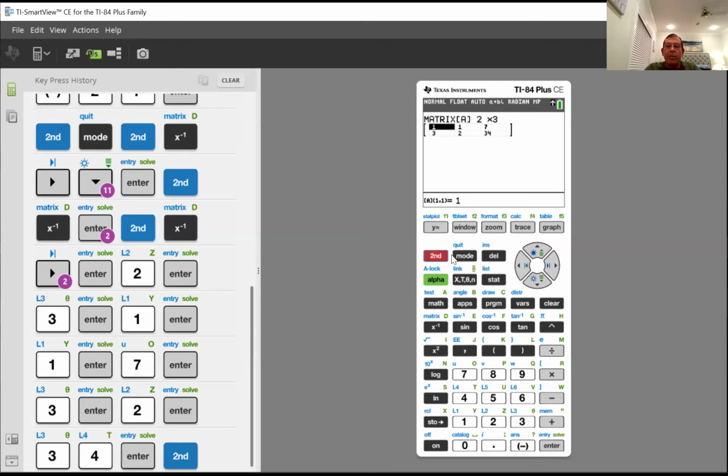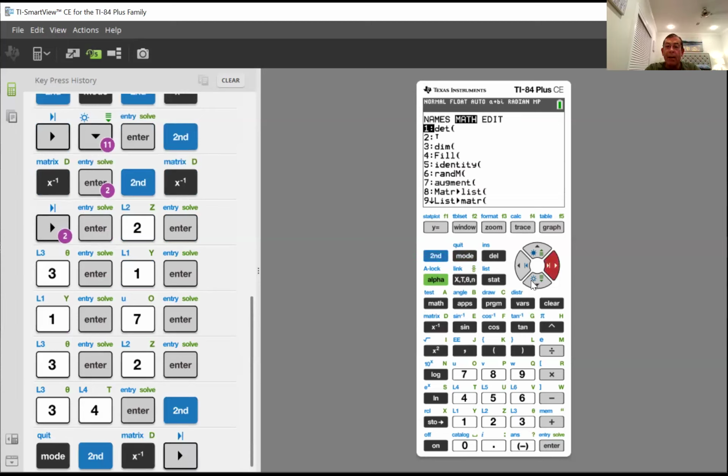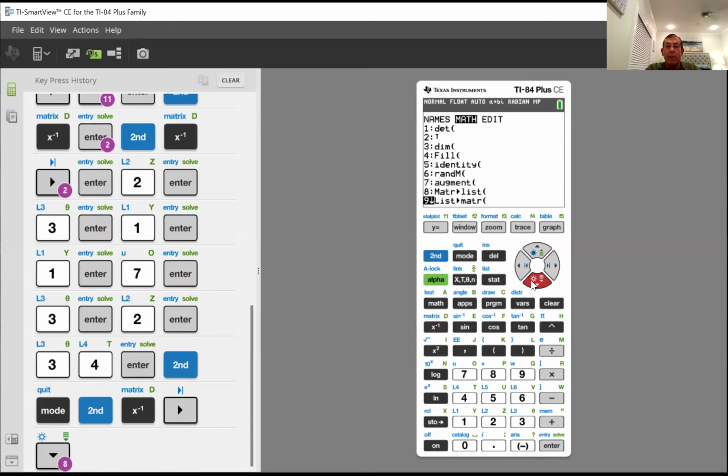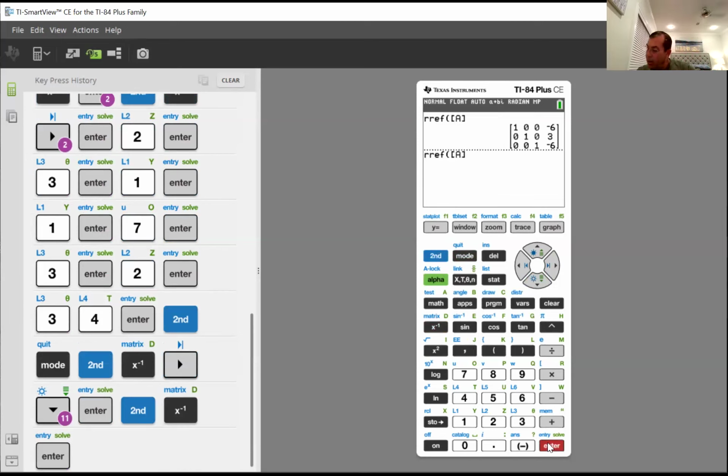So let's quit this screen. Go get our RREF by hitting second x negative 1. Go to math and arrow down. Right, there's RREF. Now go get that matrix by hitting second x negative 1 and enter. Now y'all remember we just got a 20 and a negative 13. When I hit enter on the right side, you got 20 and negative 13.